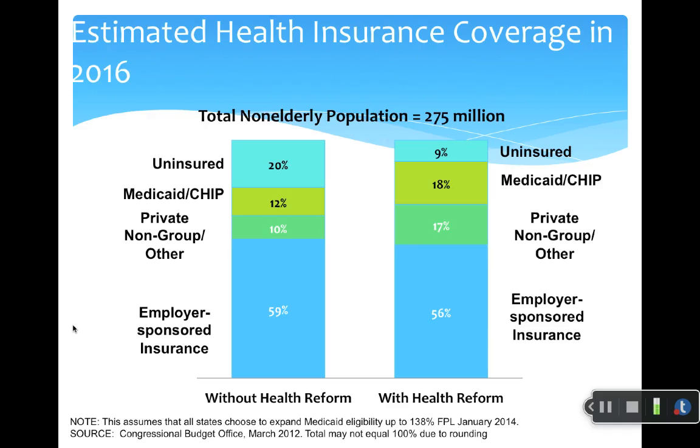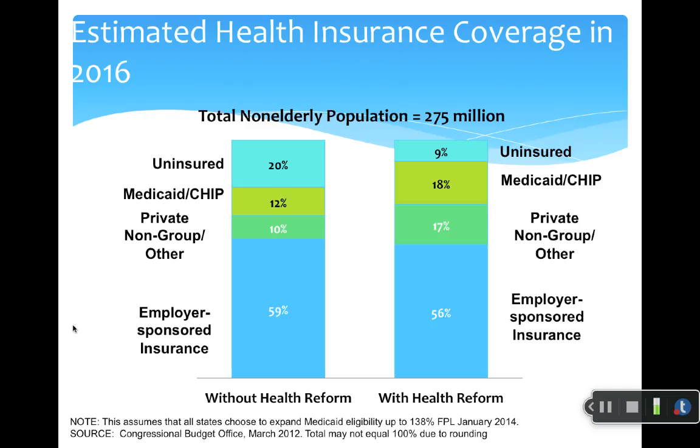Ultimately, what we'll see coming down the pipeline in 2016 is that the estimate is that the number of uninsured in the United States will decrease by about 11%. We'll see the Medicaid population, because of the expansion programs, will have increased significantly, and we've already seen some of that.